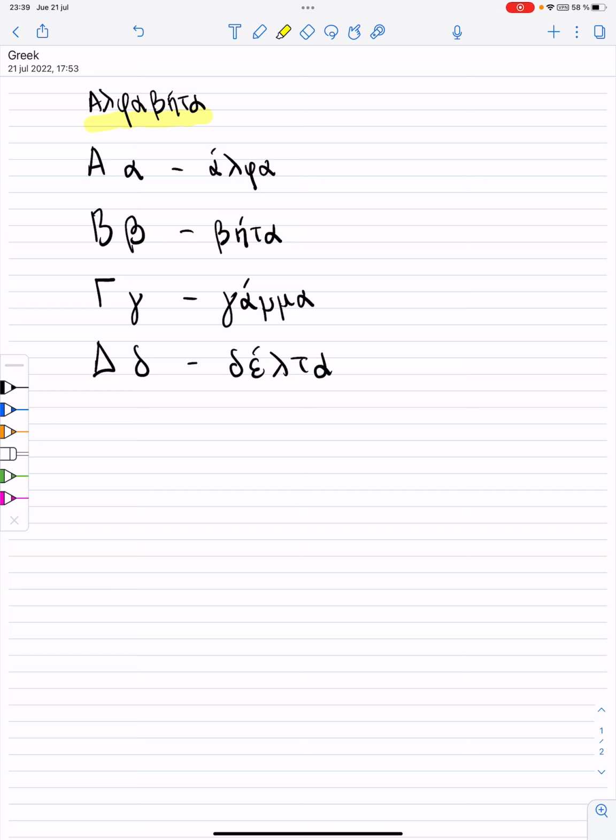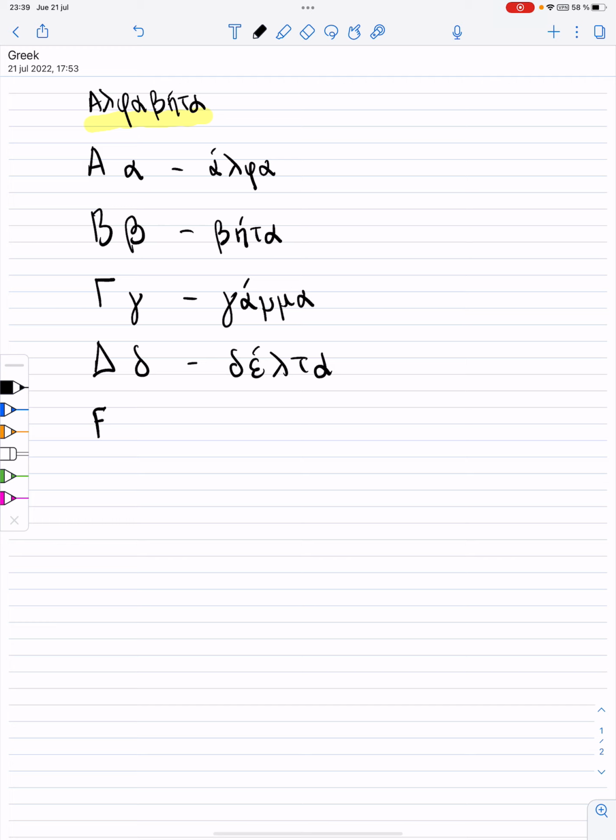But anyway, so I'll go with délta, the TH sound. So reviewing, we've got alpha, vita, gamma, delta. Okay. So now let's continue and let's do epsilon now.